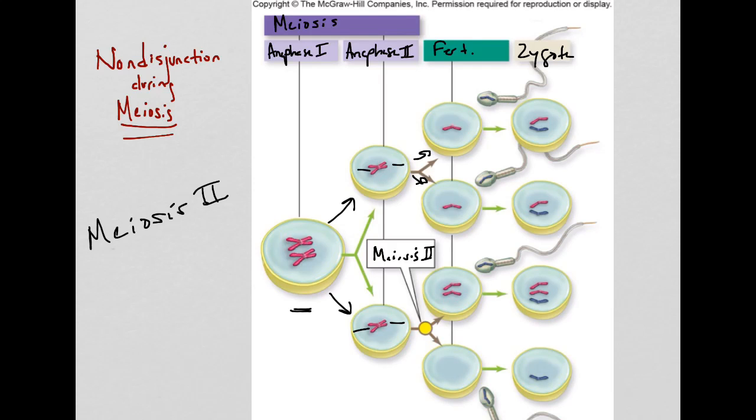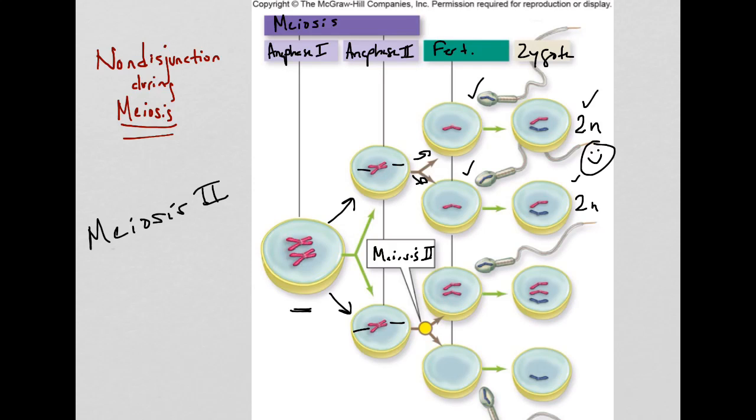Okay, perfect. Good job. Each sister went to a different nucleus, and should a sperm come along and fertilize one of those eggs, then we have a baby here who is normal. They've got two copies of each of the chromosomes that they are supposed to have. So these guys are going to be perfectly fine.